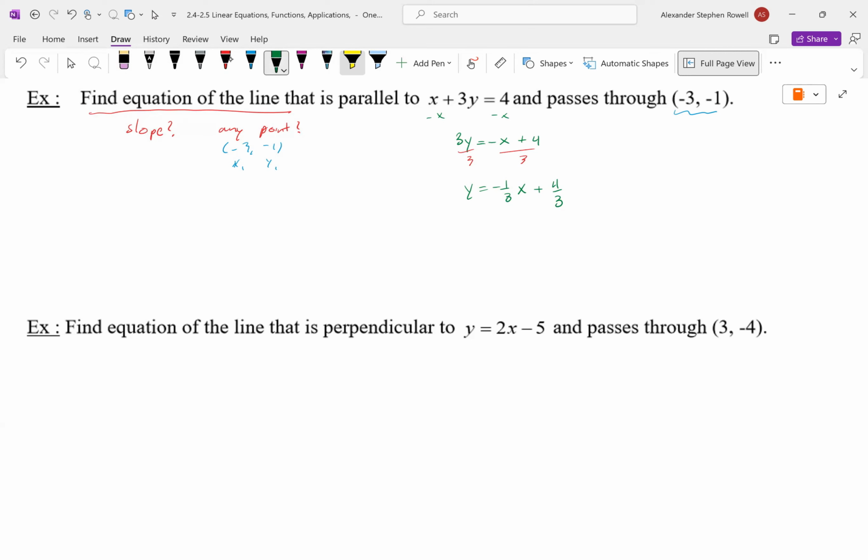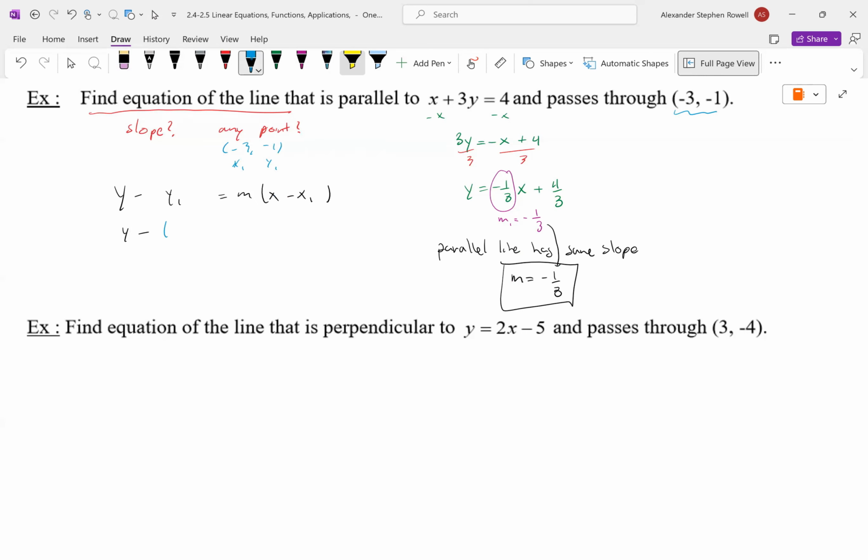Okay, so what's the slope of the line I want to find? Yes. M1 is equal to -1/3. So a parallel line has the same slope. M is equal to -1/3. We just want to keep the slope. So the equation of my line, y minus y1 is equal to m times x minus x1.